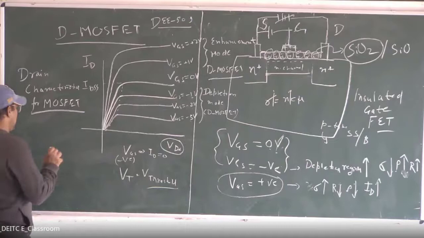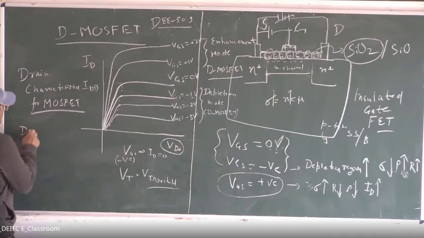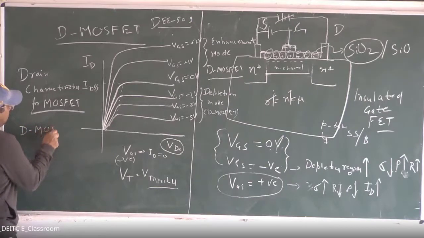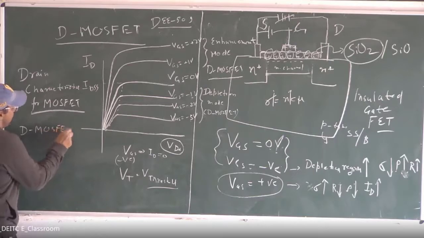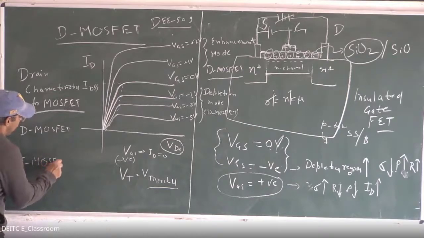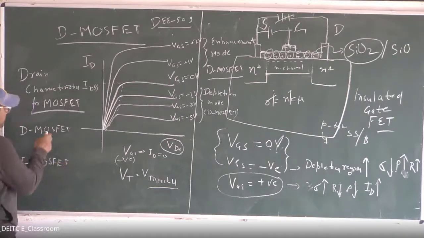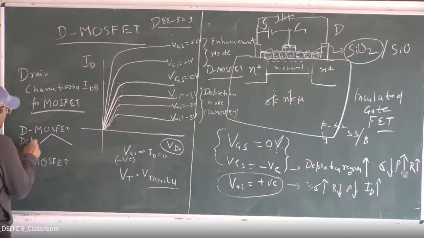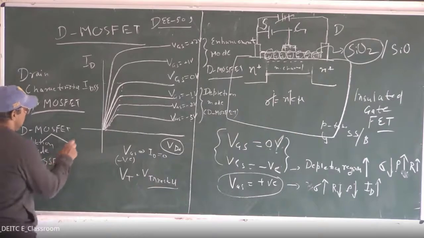And in the first lecture we have discussed there are two kinds of MOSFET, D-MOSFET and E-MOSFET. E-MOSFET is the enhancement MOSFET and D-MOSFET is the depletion MOSFET, and there are two modes in the depletion MOSFET, depletion mode and enhancement mode.